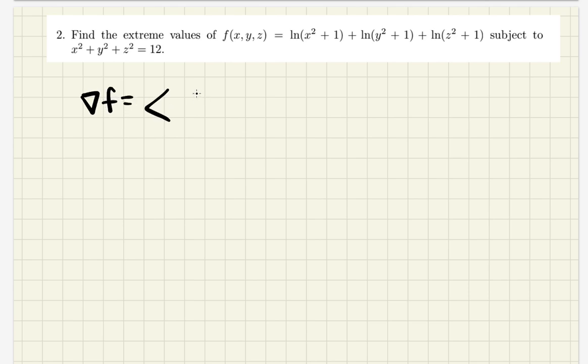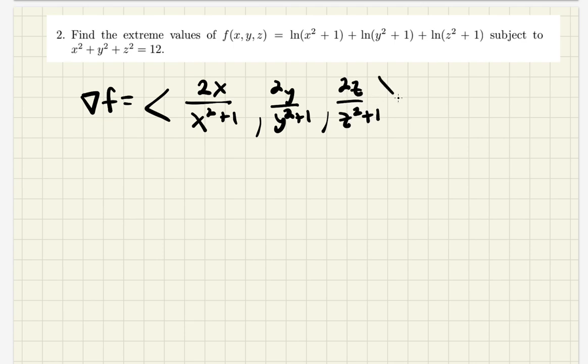It's going to be 2x over x squared plus 1, 2y over y squared plus 1, 2z over z squared plus 1. Do the chain rule, 1 over the inside times the derivative of the inside. Now the g function is going to be the constraint set equal to 0.